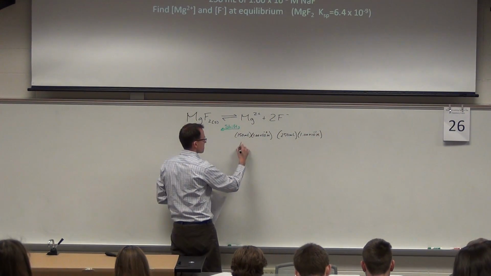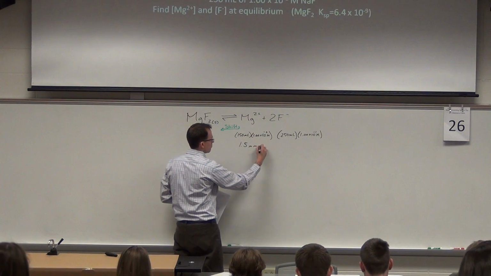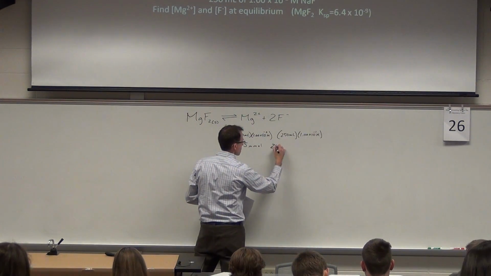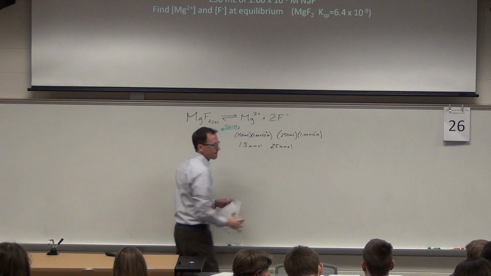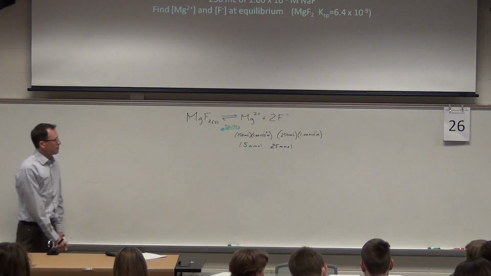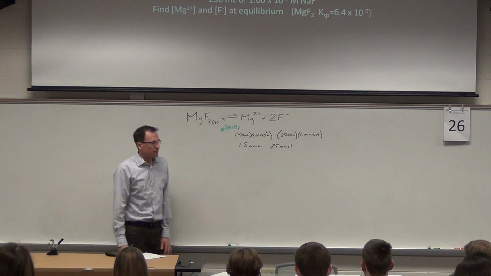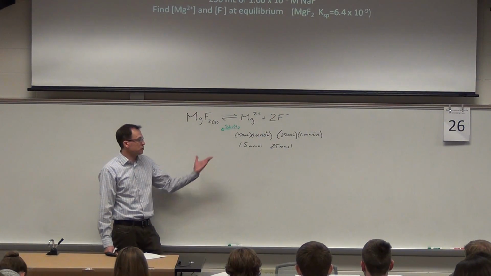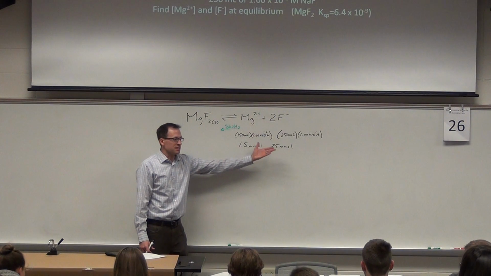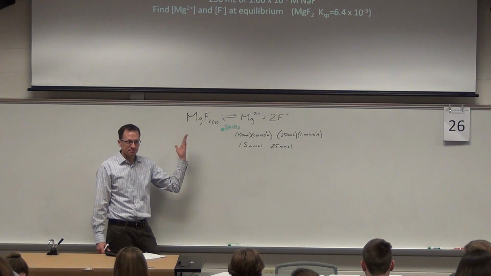The whole point, I want to find how much I have of each. Okay? I have 1.5 millimoles of Mg. I have 25 millimoles of F-. And what I figured out was I have too much of this. It needs to come back this way.